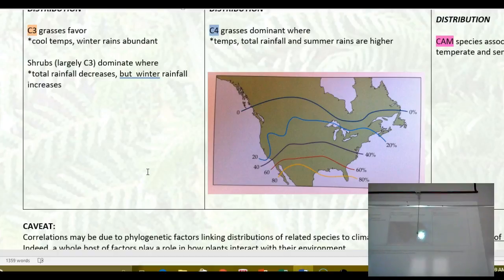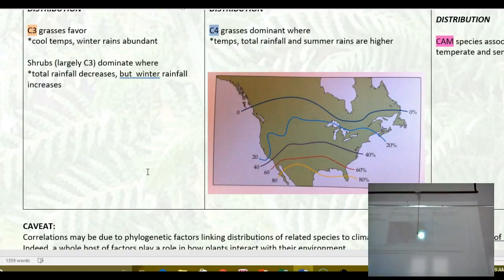And so we've got 0%, 20%, 40%, and 60%. This is the dominance for C4 grass, just where they said 80% down through this area. It's a percent of total grass flora. So most common in distribution that way.